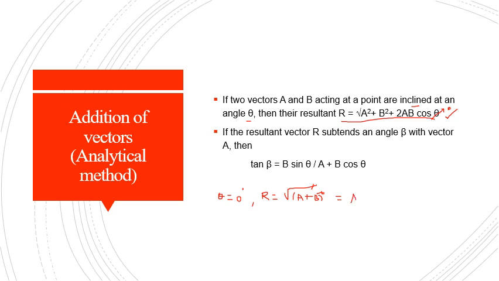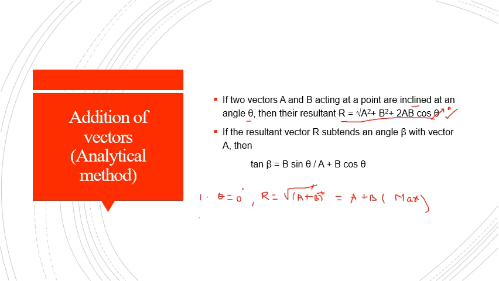A plus B. Am I clear to you? So the resultant will be equal to A plus B. See, this is the condition for getting the maximum resultant. Maximum resultant in the sense of magnitude. So you get a maximum magnitude when theta equals 0. So this is your first condition.